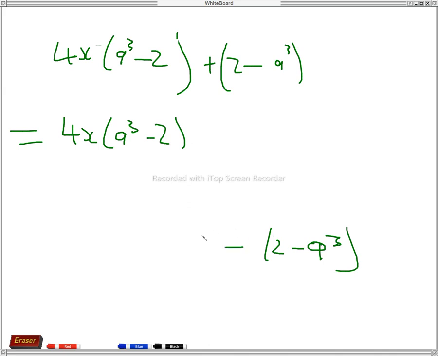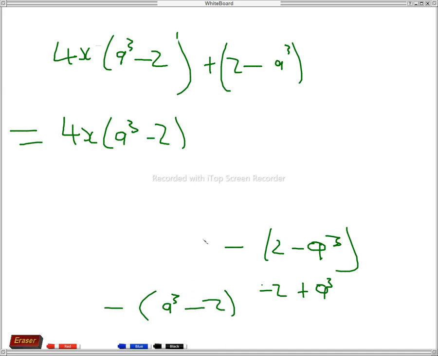So meaning that I'm going to have my answer as the negative of, if I multiply this by the negative, I'm going to have negative 2 plus 3 squared there, meaning that I can simply write this as a cube minus 2, you understand? And then I just put it in bracket and introduce a negative there.